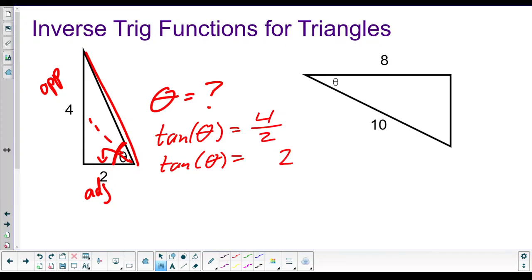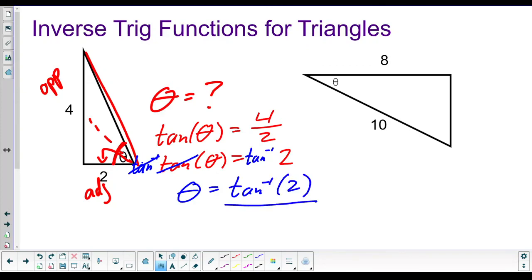Now we need to get rid of the tangent and isolate the theta. The way we do that is with an inverse tangent, which is tangent with a little -1 power there. The inverse tangent cancels your tangent, and then we have theta equals the inverse tangent of 2.